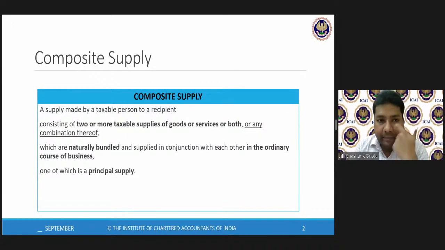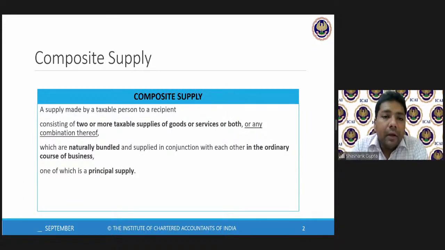So composite supply has been defined to mean a supply made by a taxable person to a recipient consisting of two or more taxable supplies of goods or services or both, or any combination thereof.